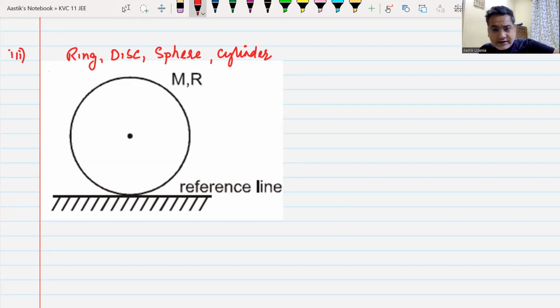The reference line, the zero energy line, is the bottom line. Can anyone tell me what will be the potential energy of this body, ring or disc or sphere or cylinder? The potential energy here is taken as 0.